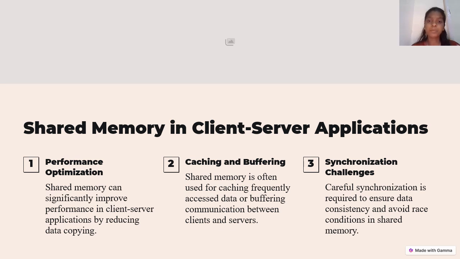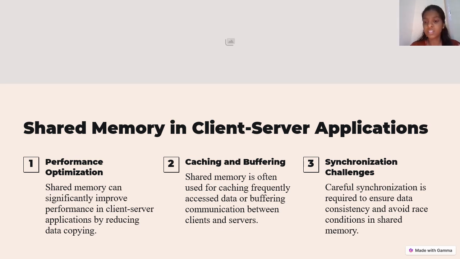Next is shared memory in client-server applications. In that, the first one is performance optimization. Shared memory can significantly improve performance in client-server applications by reducing data copying. Next is caching and buffering. Shared memory is often used for caching frequently accessed data or buffering communication between the clients and the server.